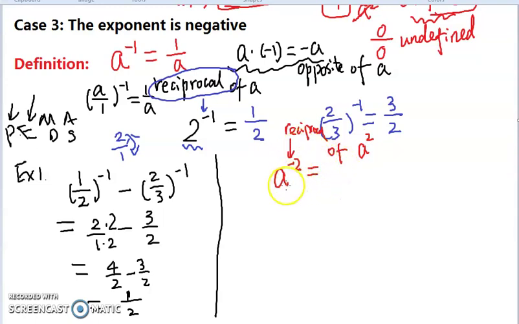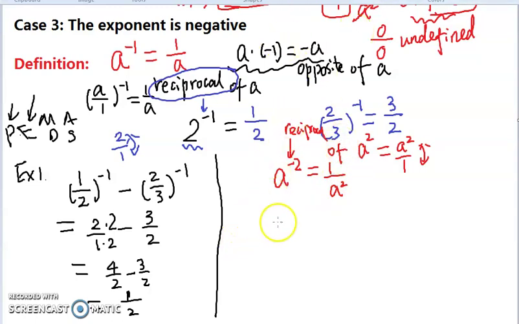So when we raise a to a negative second power, it's like doing the reciprocal of a to the second. And we know a to the second, a squared, is a squared over 1. When we flip top and bottom, we're going to get 1 over a squared. So that's the second definition.